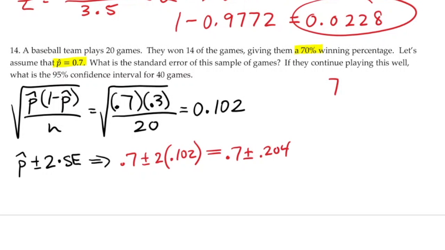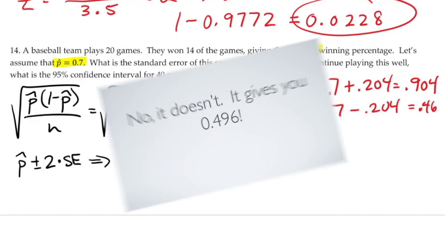Okay, so if I go 0.7 plus 0.204, that gives me 0.904. And if I go 0.7 minus 0.204, that gives me 0.496.